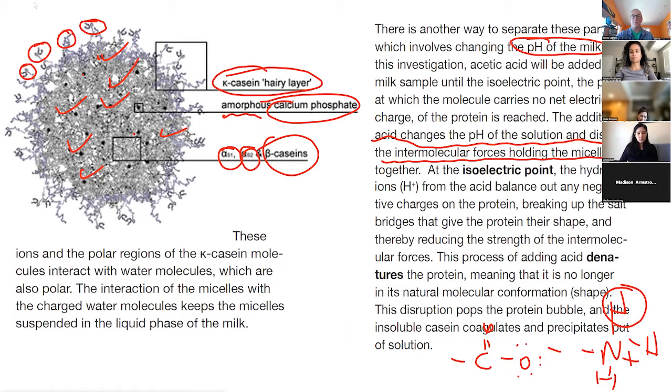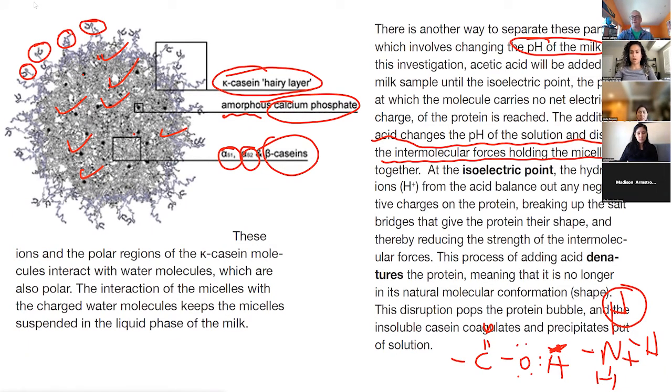So they'll be going from a positive charge to no charge. And you're going to be adding protons to the acidic ones, having them have no charge either. So you're going to be changing the overall charge.